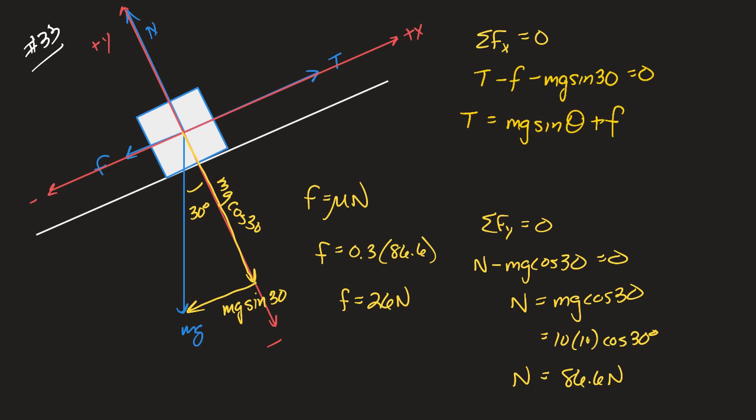So we're supposed to find the tension. So I am now going back to here and saying tension equals 100 times 0.5 minus 26. You mean plus 26? Plus 26.